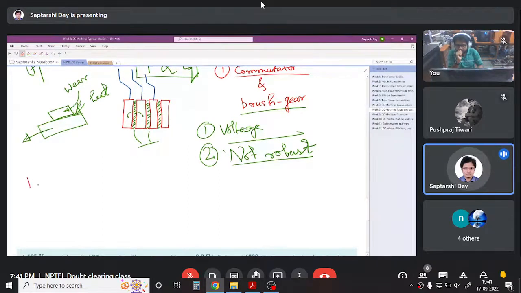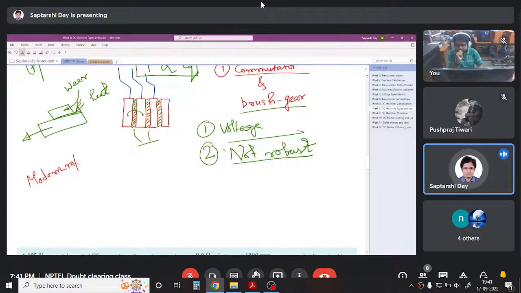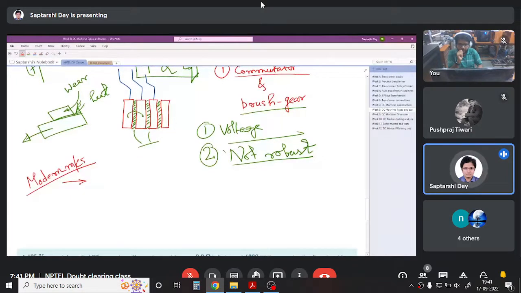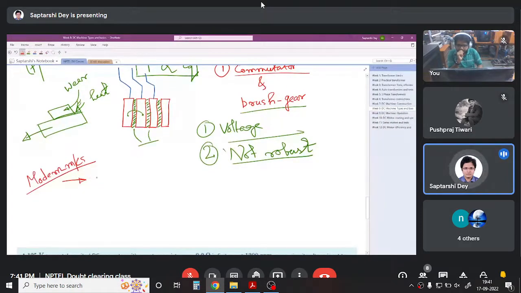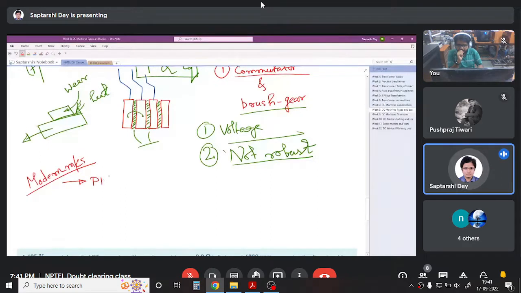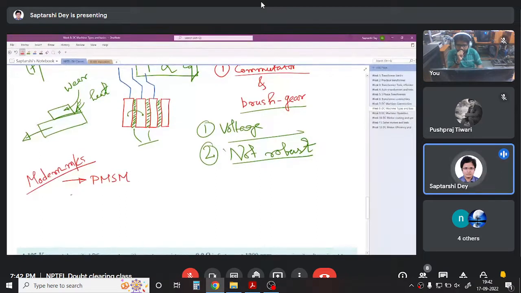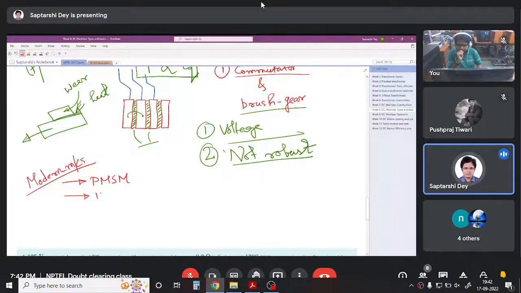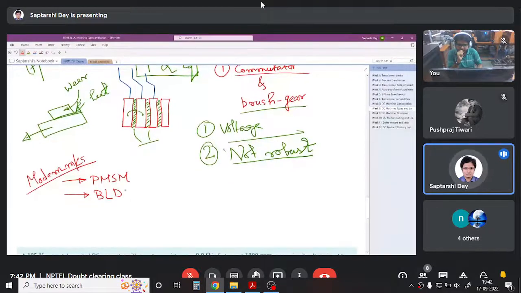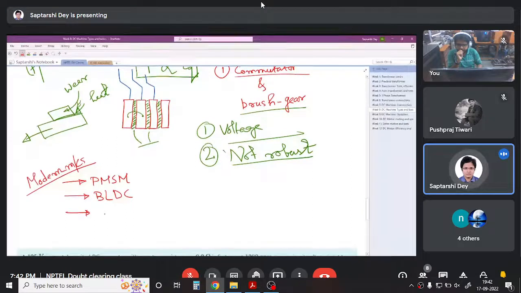Nowadays, I will name some modern machines that are very much used and on which a lot of research is going on. For example, PMSM is probably the most famous. If not PMSM, then BLDC is the most famous. Then SRM, switched reluctance machine, and synchronous reluctance machine.